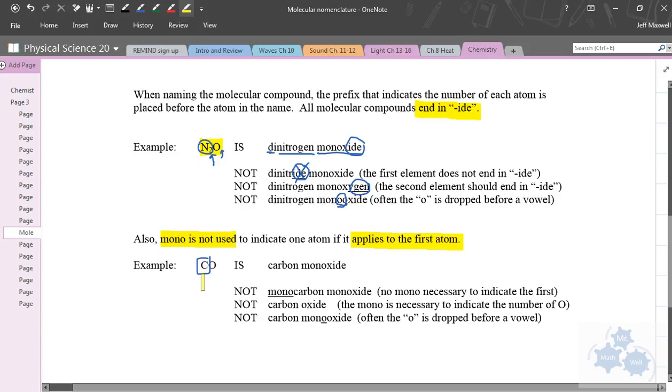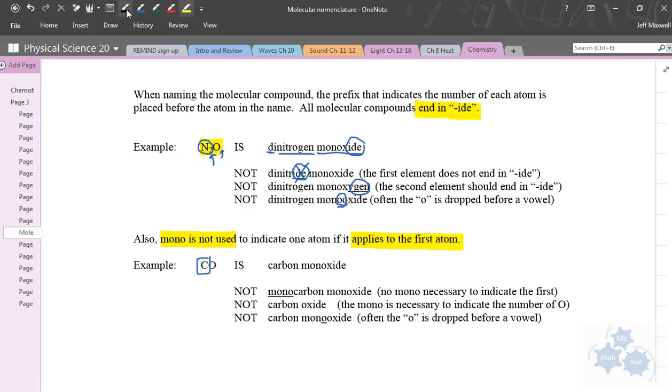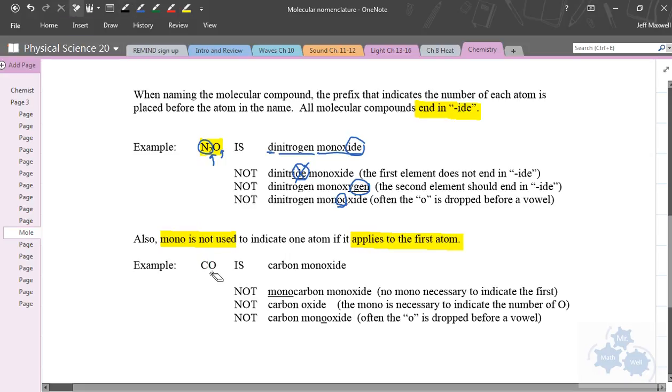You've heard that molecule before, right? So that's carbon. It's not monocarbon monoxide. It's not necessary at the first. It's not just carbon oxide. The mono is required for the second one to say that there's one. The reason is because you also know of another compound that's very similar, carbon dioxide, right? So what would carbon dioxide look like as a formula?